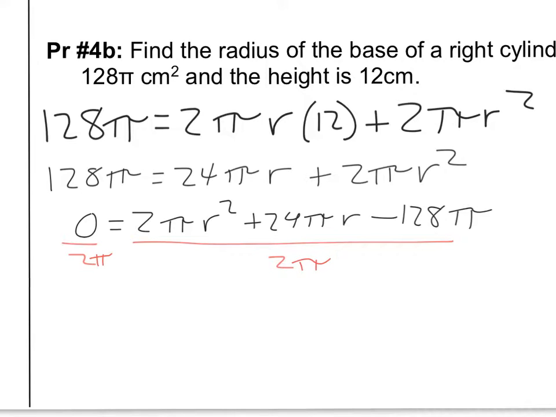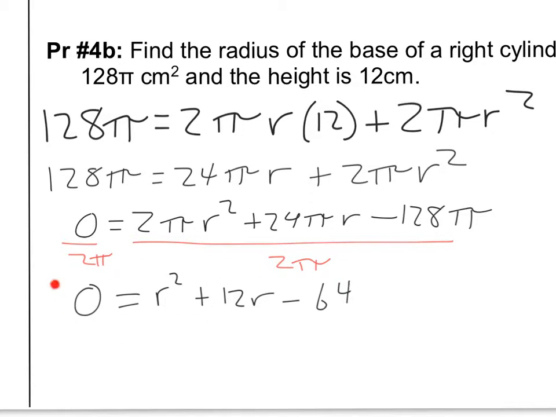Alright, look what happens. 0 divided by 2 pi is still just 0. And 2 pi divided by 2 pi is just 1, so we have r squared plus 12r minus 64. And we've got rid of all the pi's and we got rid of some of the 2's. And so now we have a much simpler equation.